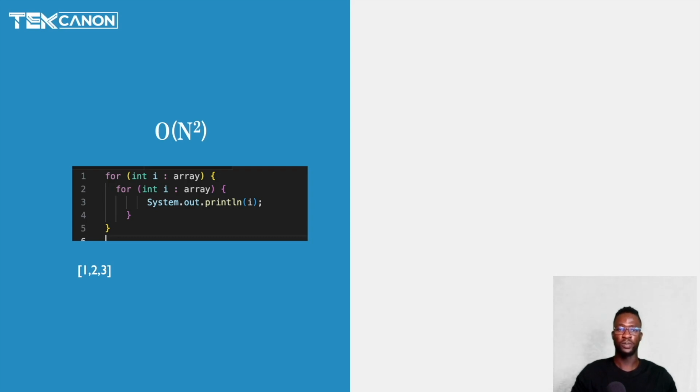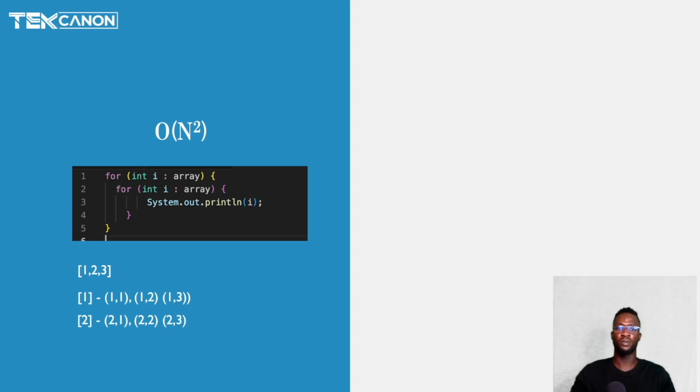So when we start at the top for loop, the very first number we have is 1. And then for every time i equals 1, in the next loop, we'll be calling the elements of the array for the occurrence of the first number in the array. So in this case, we would have 1,1, 1,2, and 1,3. Then we move on to the next element at the top for loop, which is 2.